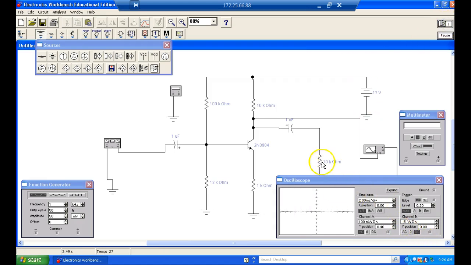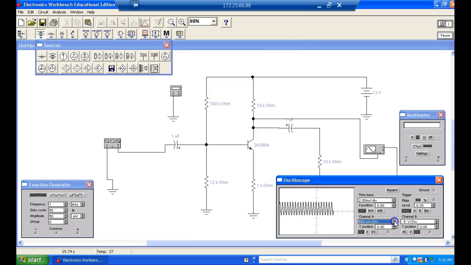I was using a 1K over there, so I was getting a gain of less than 1, right? Okay. Does this affect the bias any? Bringing an AC signal into it, should it affect the bias?